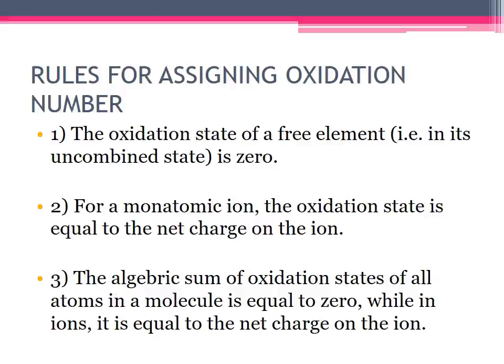For example, in HCl, chlorine is a non-metal, but in a metal hydride there is a metal. So in metal hydrides the oxidation number of hydrogen is -1. When a non-metal reacts with hydrogen, as in hydrogen chloride, the oxidation number is +1.